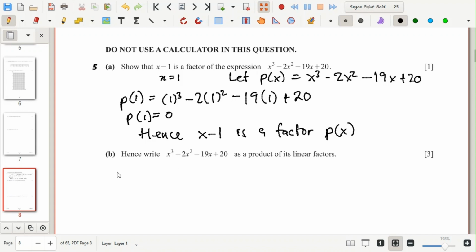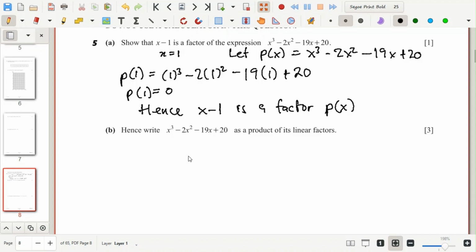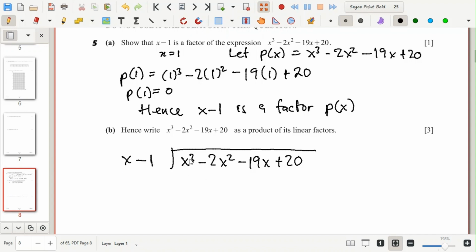Hence, write this as a product of linear factors. Okay, so we can use the long division method. I know that's what most of you like, so let me use that one. We are dividing by x minus 1. x cubed divided by x will give you x squared.